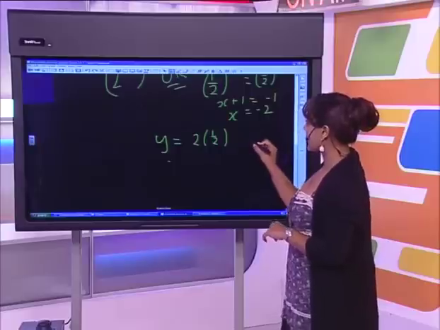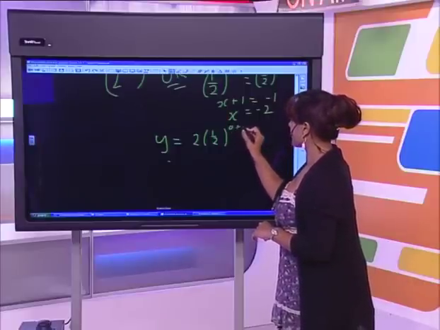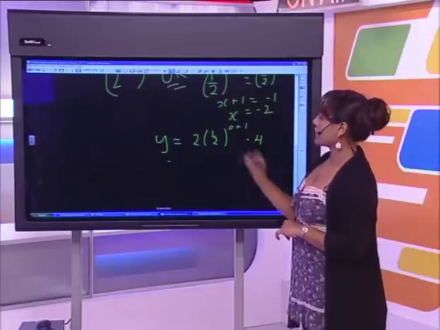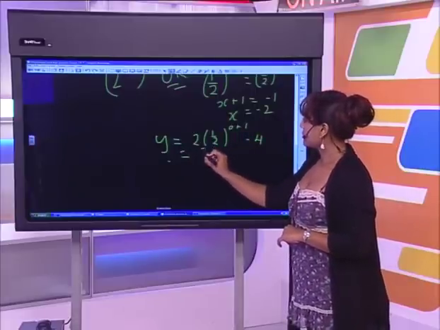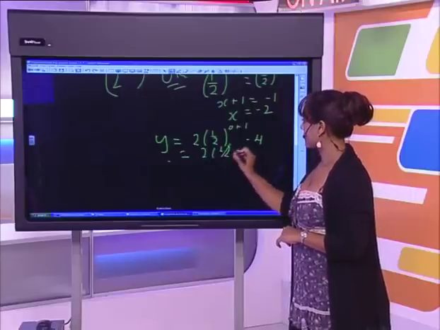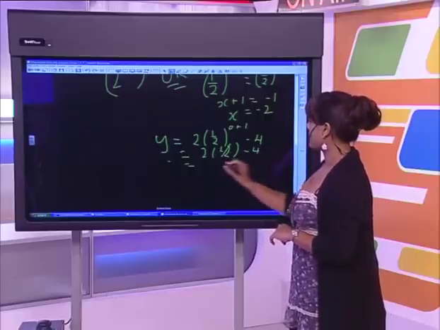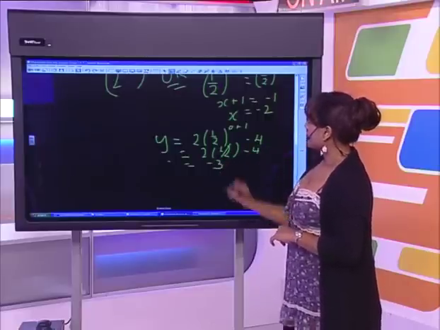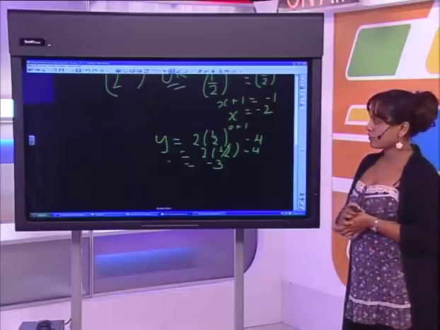Remember, what we're doing here is replacing the x with a 0, because I'm trying to work out my y-intercept. So I've replaced x with a 0, and I'm going to get y is equal to 2 times a half minus 4. 2 times a half is 1. 1 minus 4 is minus 3. So therefore, we have a y-intercept of minus 3.